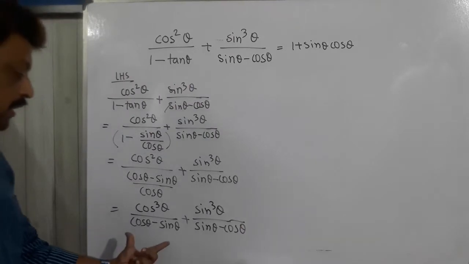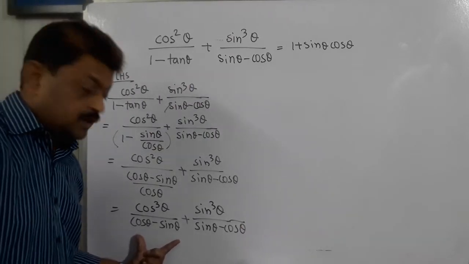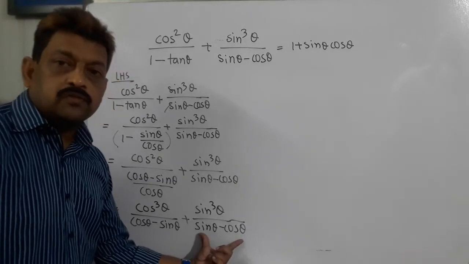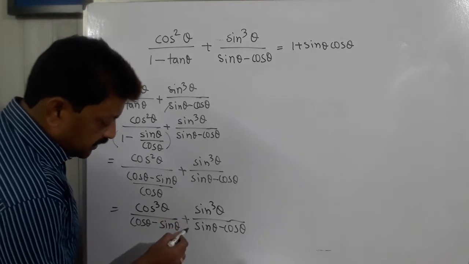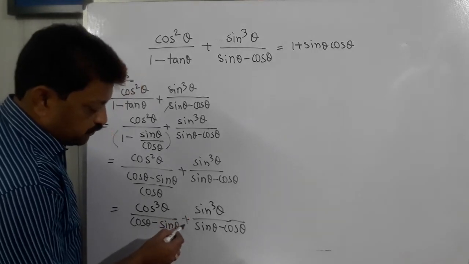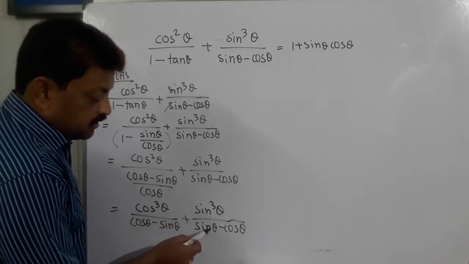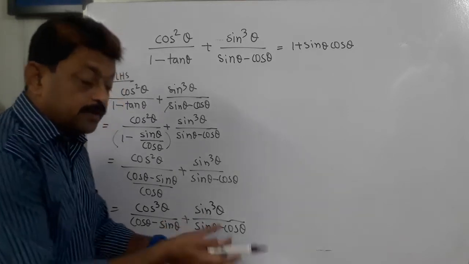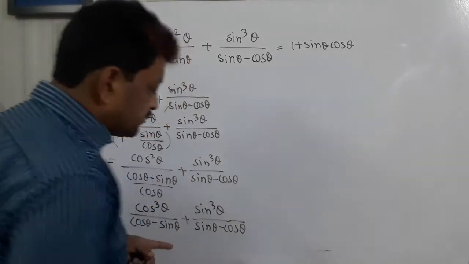Now compare both denominators. Here it is cos theta minus sin theta, and here it is sin theta minus cos theta. So we have to change the sign here. If this plus sign is changed into minus, then sin theta minus cos theta will become cos theta minus sin theta, reversed in direction.